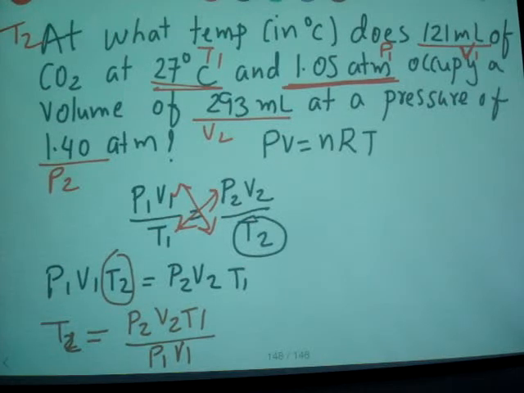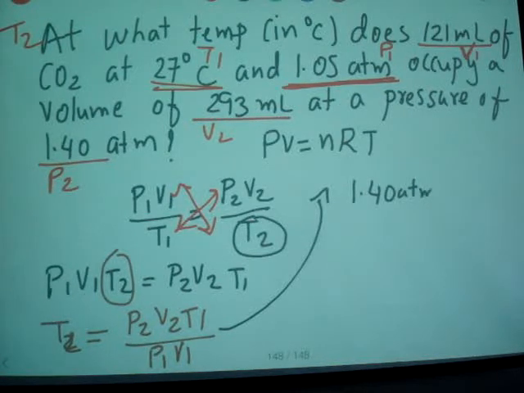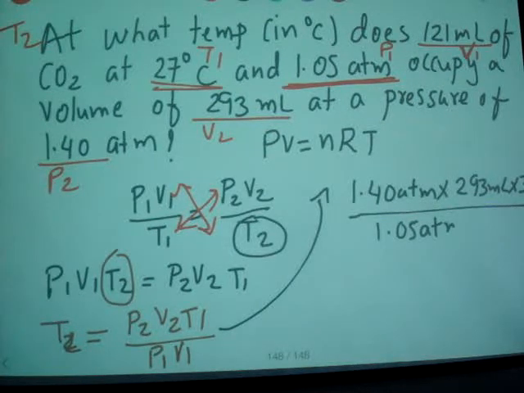Once we reorganize, I'm going to plug the values in. P2 is 1.40 atmospheres. V2 is 293 milliliters. T1 is 27 plus 273, which is about 300 Kelvin. P1 is 1.05 atmospheres and V1 is 121 milliliters.